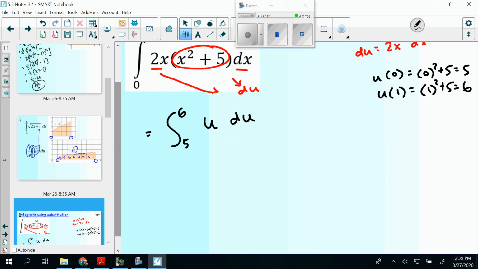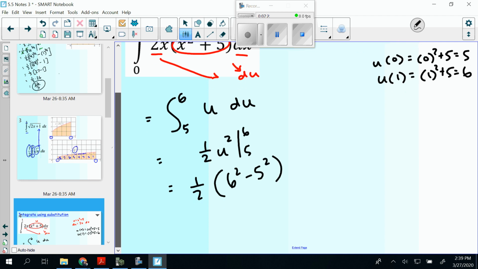If we do that here, our antiderivative is 1/2 u squared, evaluated at 6 and 5. The 1/2 we can multiply later, but let's figure out what we get when we plug in those two numbers. So 6 squared minus 5 squared.